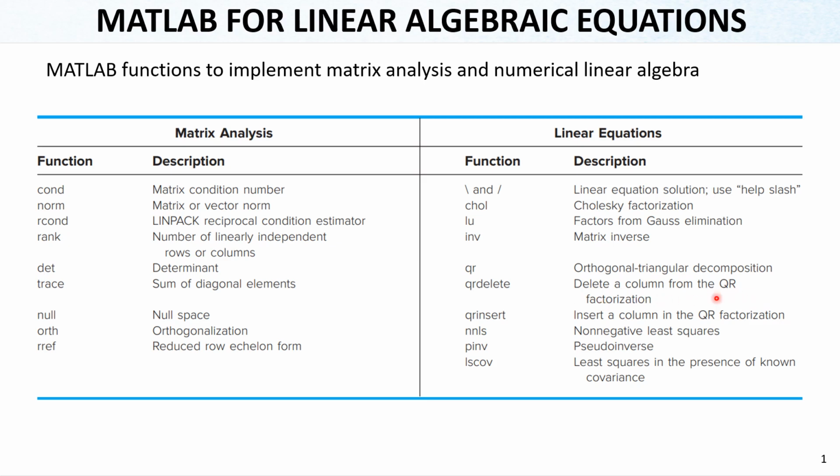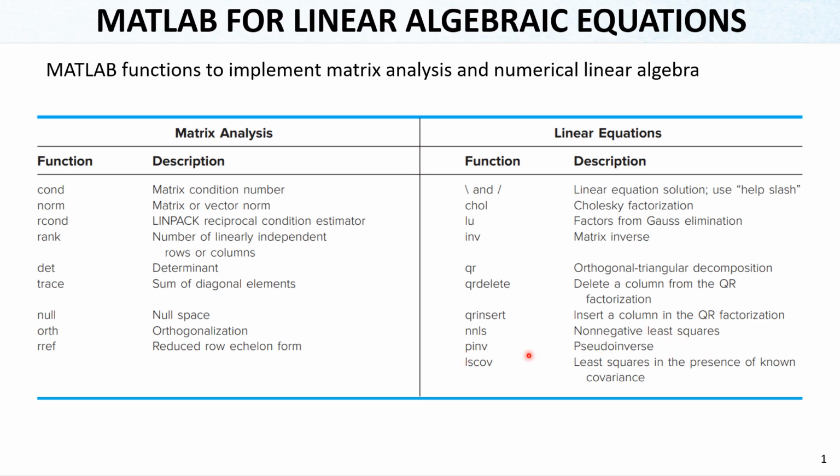This is another method that we didn't learn yet, but in the following chapters we will learn about QR factorization as well. QR insert inserts a column in the QR factorization, and then lsqnonneg is non-negative least squares. Again, in the following chapters we will be learning about least squares.